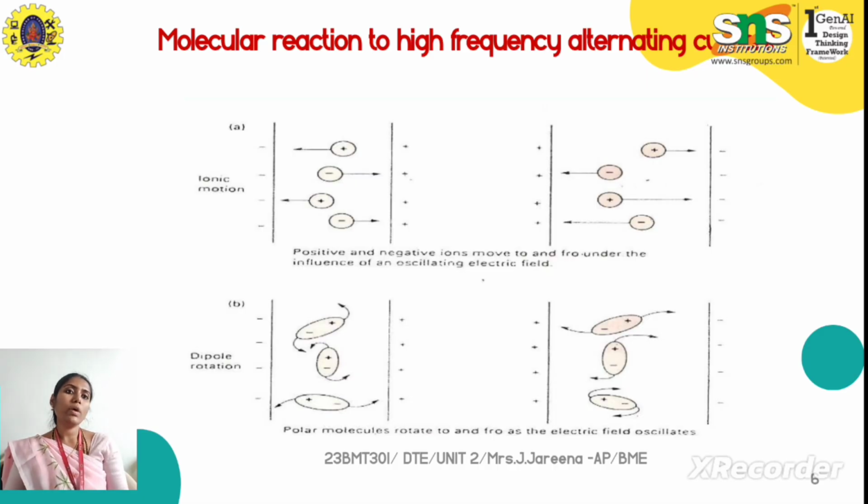This to-and-fro movement induces heat dissipation, that is a rising temperature over that area. In the second case, the dipoles rotate under the influence of the oscillating electric field, the applied high frequency alternating current. This rotation again dissipates some amount of heat because of the high kinetic energy movement. This heat dissipation produces the heating effect over the target area.